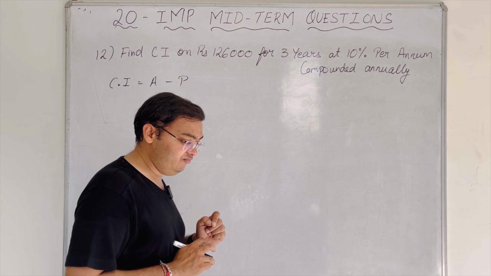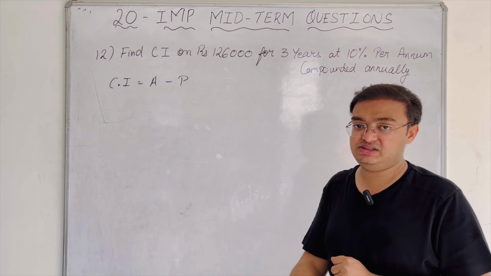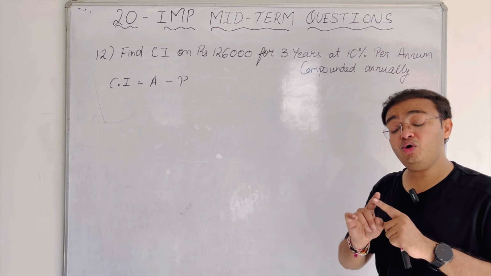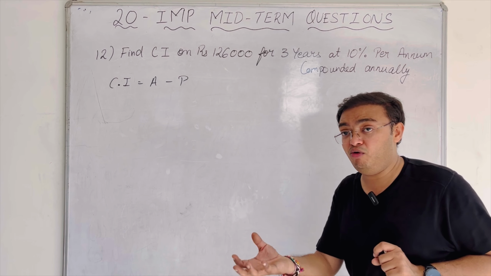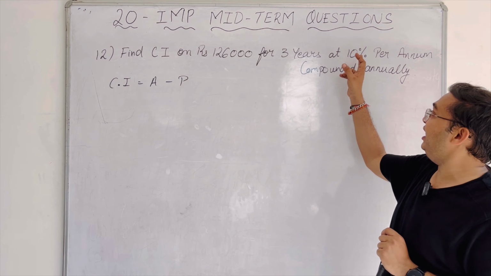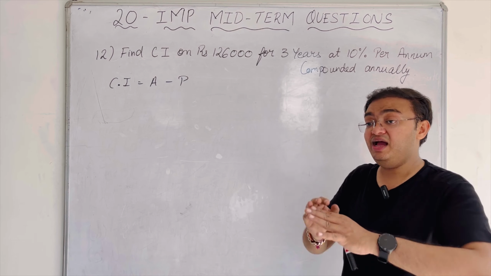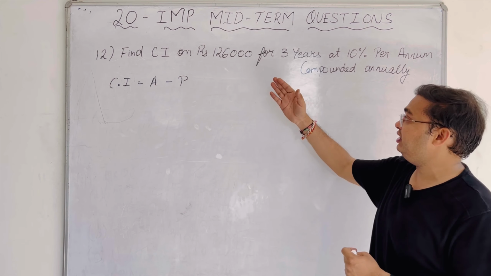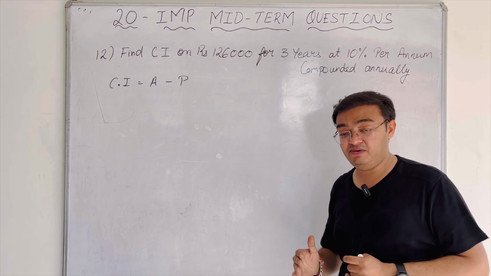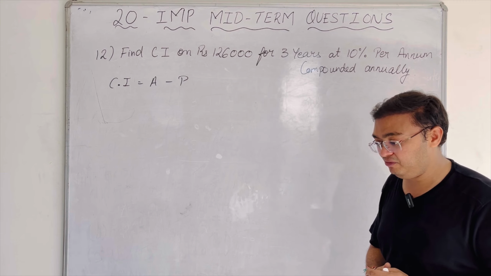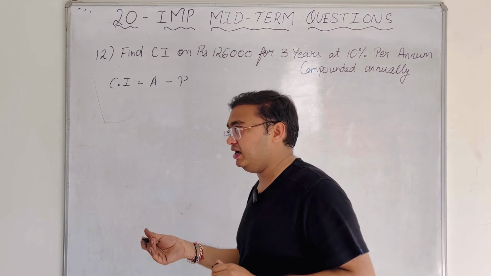Amount is such a term which tells us that at the end of 3 years, what total money I have to pay to the person from whom I have borrowed the money at the rate of 10% for 3 years. Amount means at the end, how much money you will have to pay if you take 1,26,000 for 3 years at the rate of 10% per annum. If every year you are charged 10% interest, then after 3 years how much total money you will have to pay, that is called the amount.